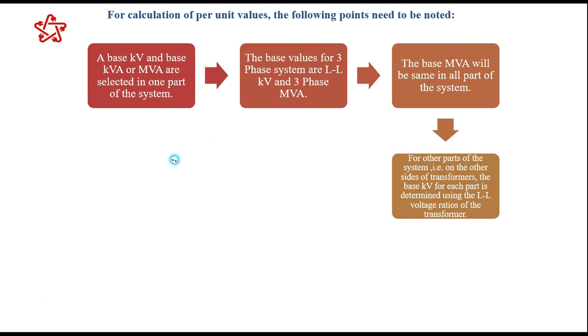Suppose there is a generator here and a transformer here. You are choosing 100 MVA as a base quantity in this circuit.